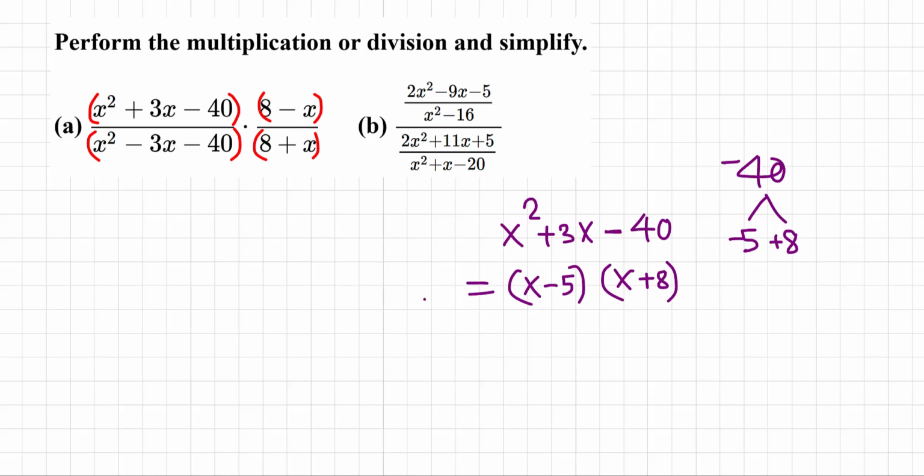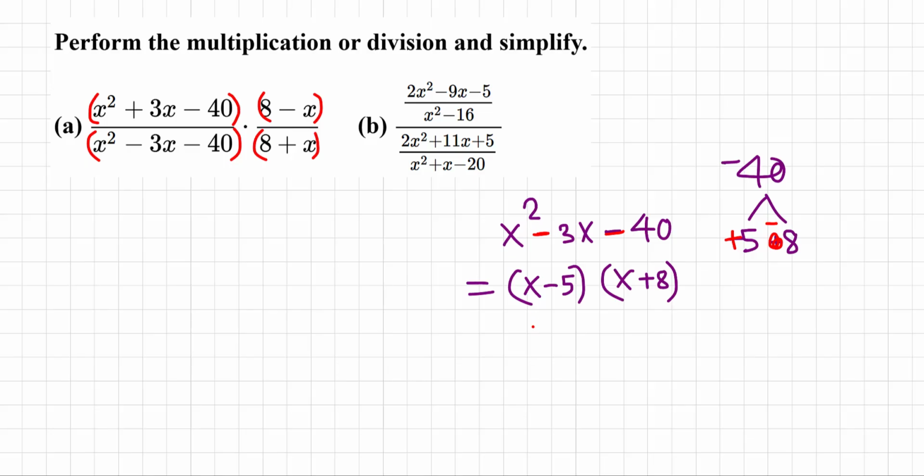The bottom is almost the same, but there's a negative sign. It's still negative 40, which means we need to get negative 3 by subtraction. So 8 times 5, 40. So we're gonna do negative 8 plus 5. Negative 8 plus 5 would give us negative 3.